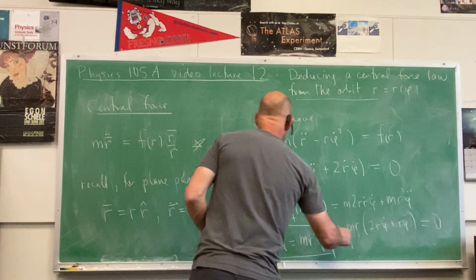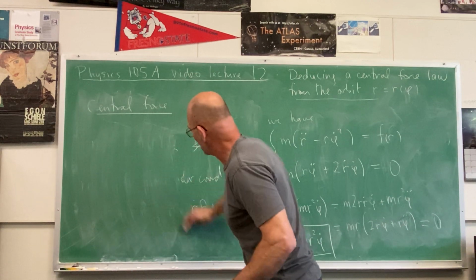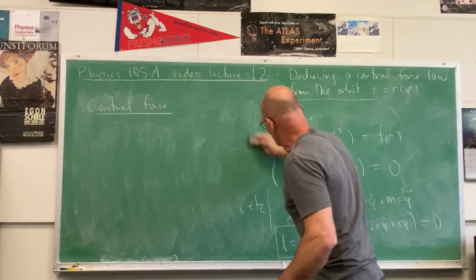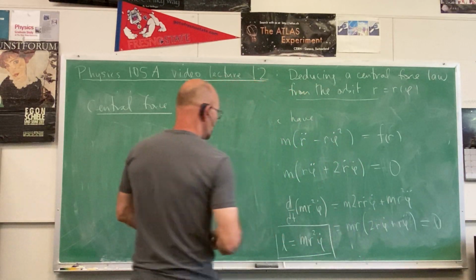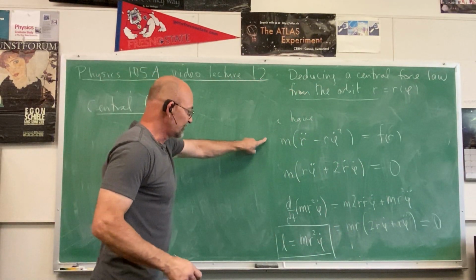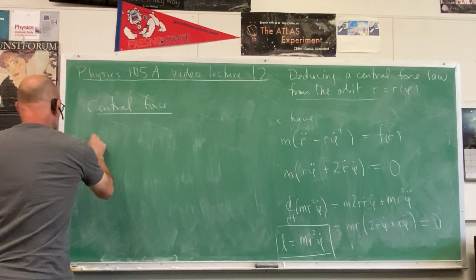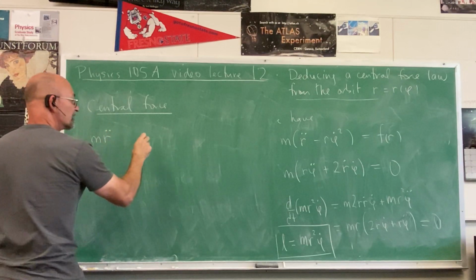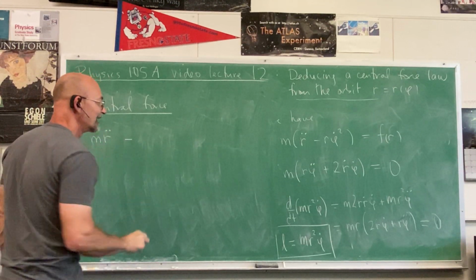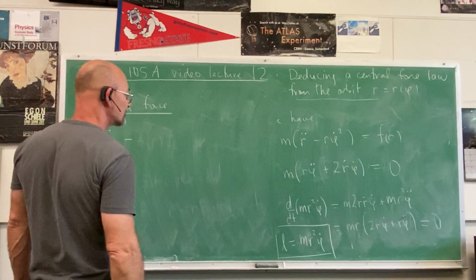And the next thing we're going to do is look at this thing in the light of this definition of L. Apparently we have m r double dot minus m r phi dot squared.